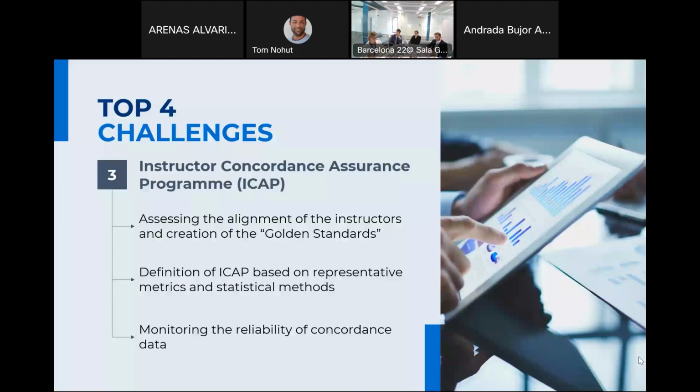So once the program is set, with the alignment, agreement and metrics, how do we ensure that the data we are looking at is reliable? We've seen that this pressure and this need for concordance might influence the instructors. For example, if the concordance is defined as an average of 3, the instructors might feel pressed to go towards a grade 3 during their assessment, and this has to be avoided.